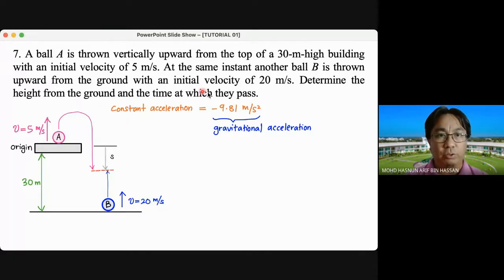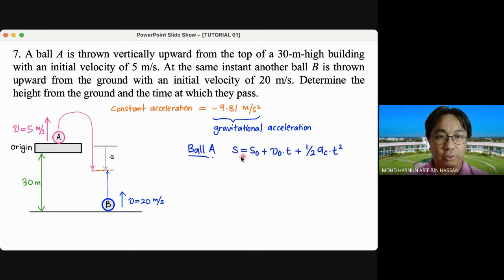Okay. So first, what we want to find? We want to find the height. The height ni as the displacement. And we have defined that this is a constant acceleration problem because of the gravitational acceleration. So we can use three constant acceleration equations. So which equation should we choose?